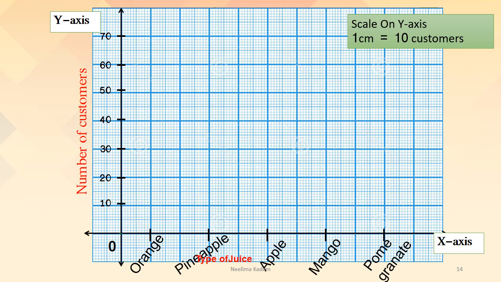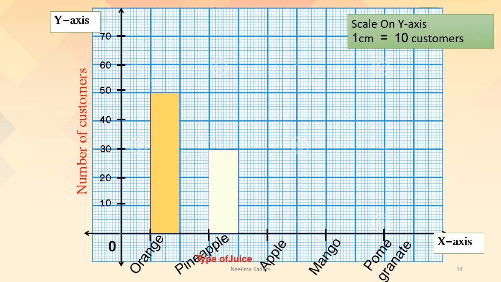Okay. Now orange. For orange the number of customers is 50. So we have to draw a bar of 5 centimeters. See here, orange. Next, pineapple, number of customers 30. So 3 centimeters. Next, apple, 25.